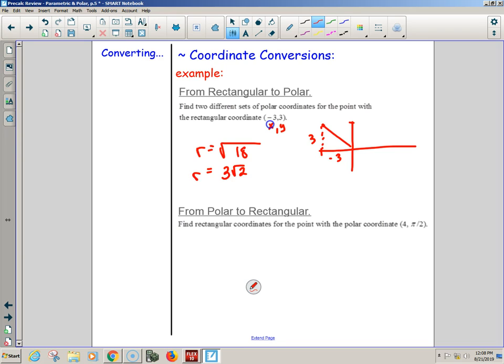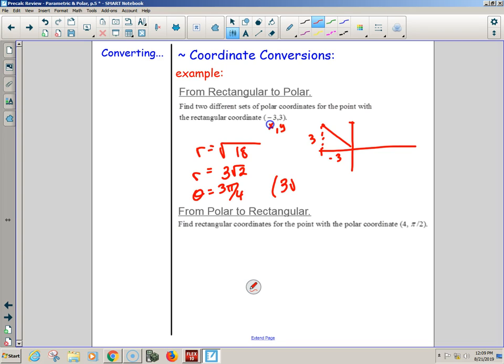You guys agree? And then theta: the opposite and the adjacent are the same. What kind of angle would have opposites and adjacents that are the same, whose tangents are 45s, but in the second quadrant? So therefore, my theta is 3 pi over 4. You can also do tangent inverse of negative 1 using your head, not the calculator.